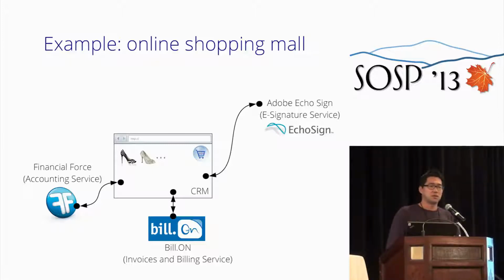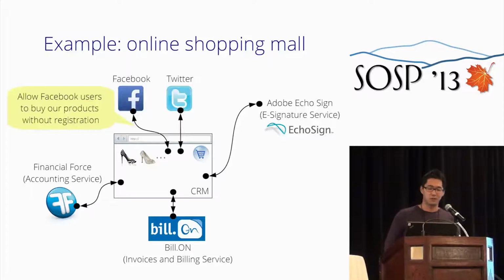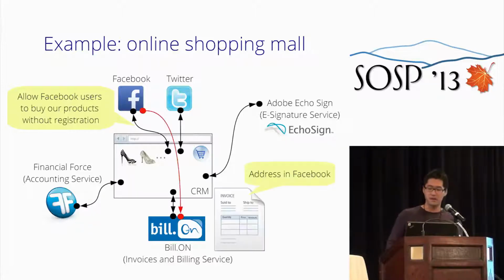These days, many people seem to like social networks, so we integrate our online shopping mall with Facebook and Twitter. It means that users in Facebook can purchase our product online without any further registration. For example, when users buy a product online, we're going to create an invoice with the user's address in their Facebook account. This integration seems great to me, but what if there is a bug in one of the services?